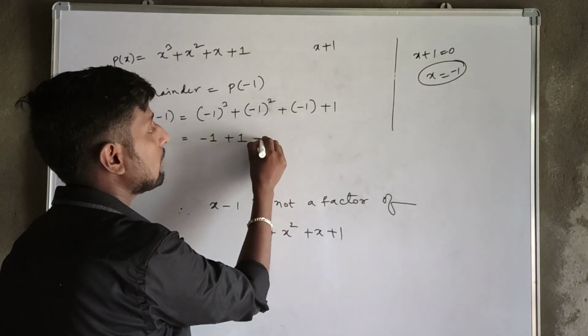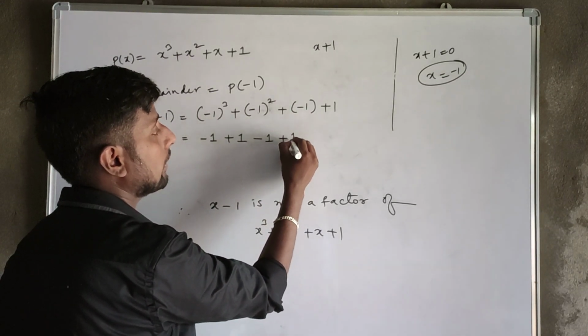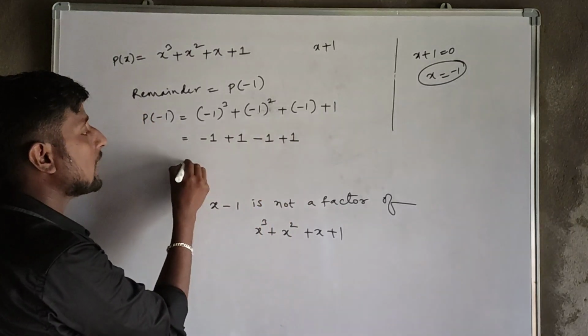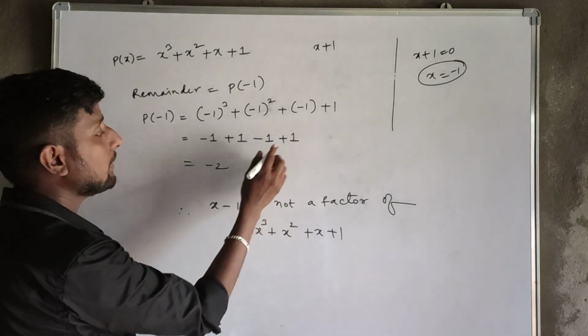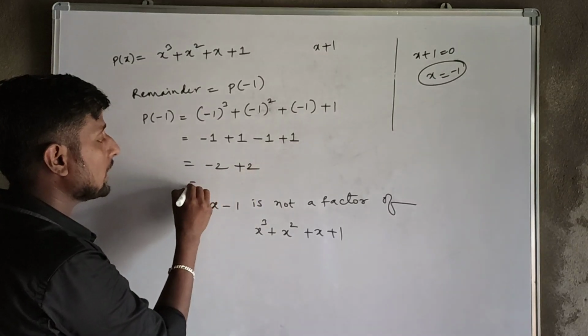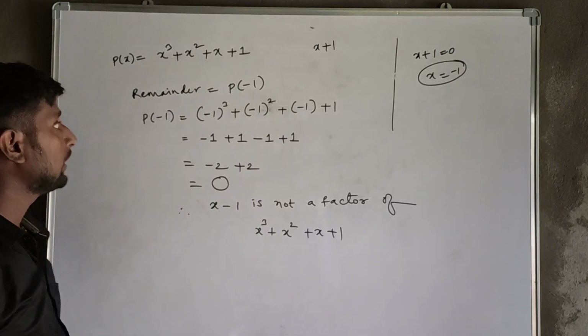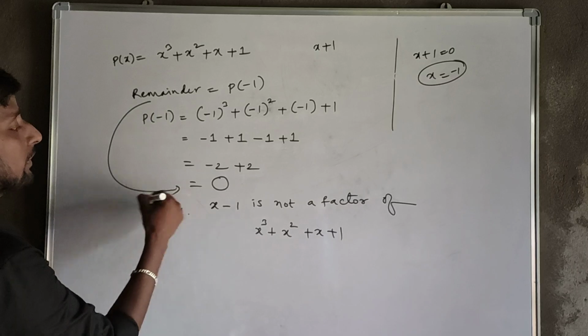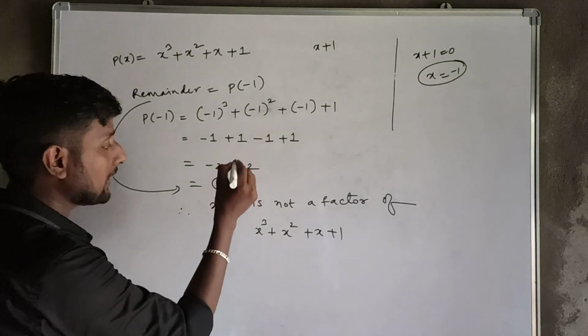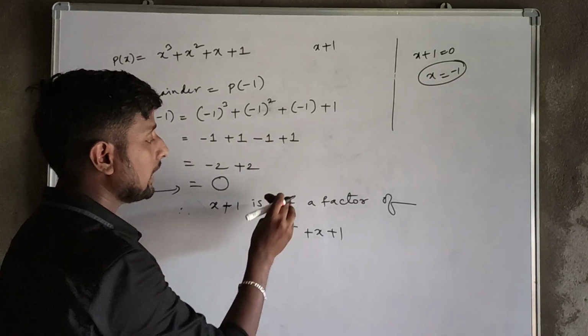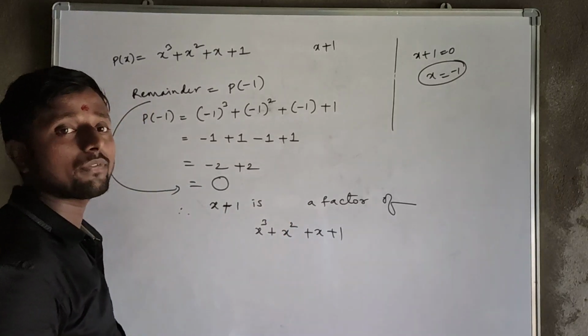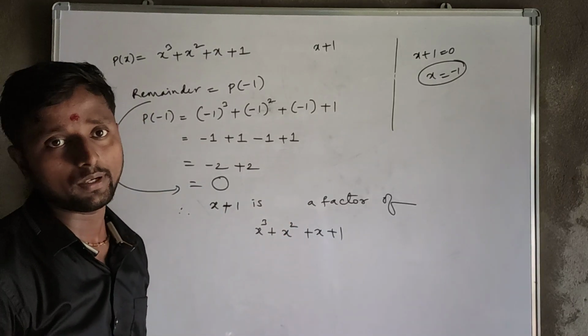Minus 1 plus 1 minus 1 plus 1. Minus 1 minus 1 is minus 2, plus 1 plus 1 is plus 2. Overall the answer is 0. The remainder value is 0. So we write x plus 1 is a factor of the given polynomial.